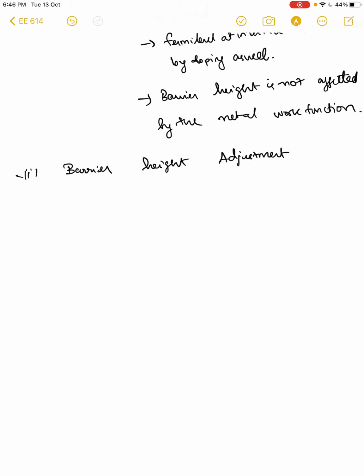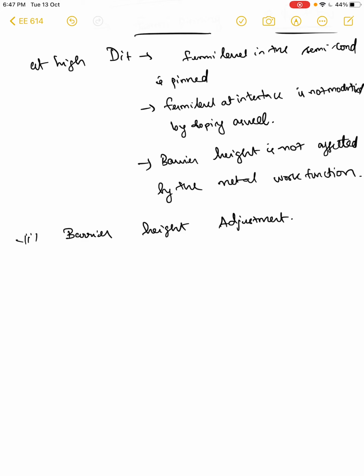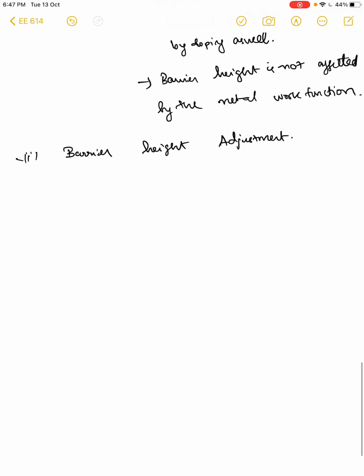So basically we saw that the barrier height cannot be changed in so many ways. Now let us see how people actually change the barrier height. The best way that people have tried till now is to change the doping density at the interface. And let's take an example of a doping profile very close to the interface.